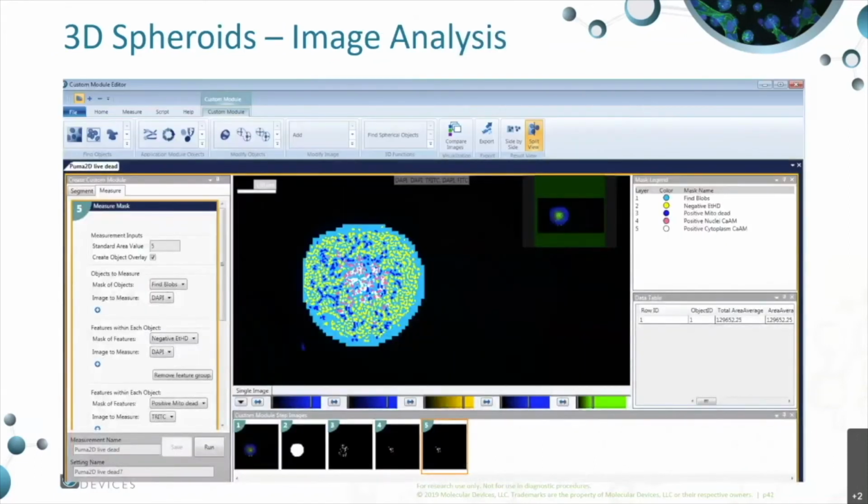So then you can follow up with image analysis and use the custom model editor, which allows you to identify a spheroid as an object and also define individual cells within that object and do their characterization for different stains. And so as a result, you can see numbers which include numbers and content of different cell types, as well as their area, volumes, or intensities.